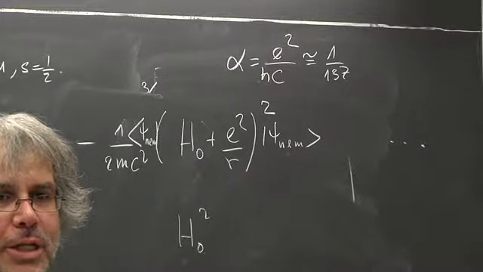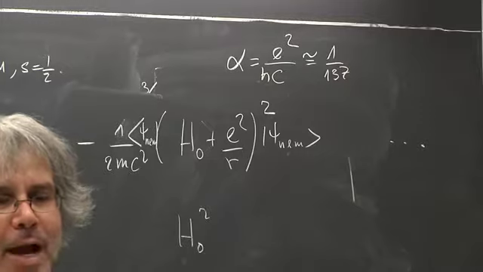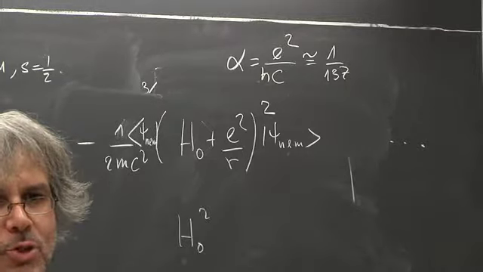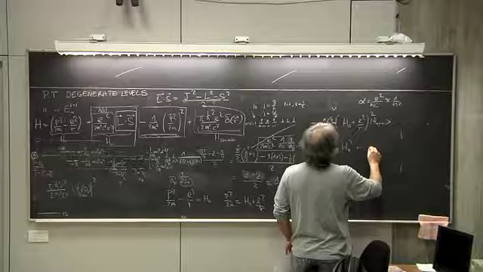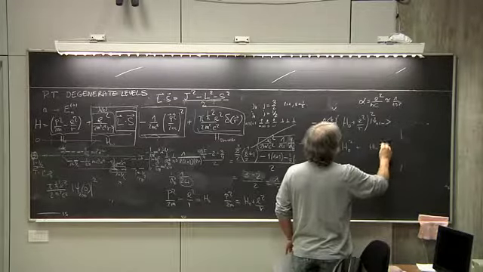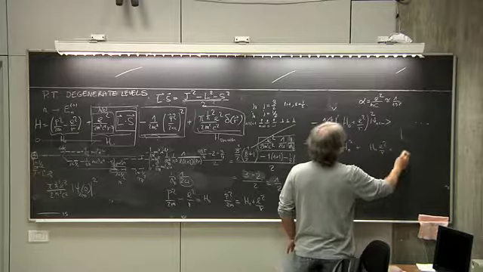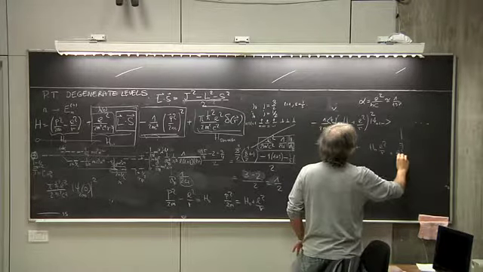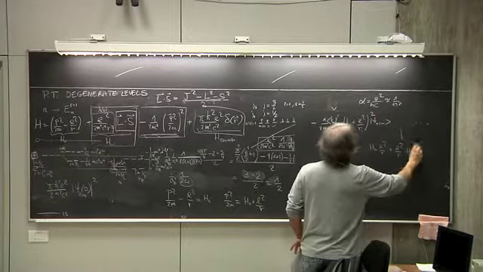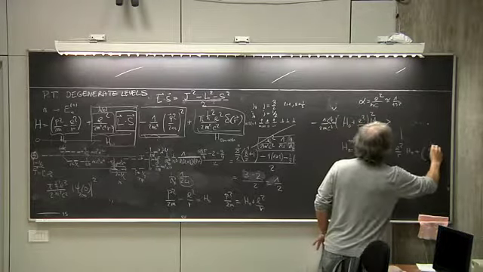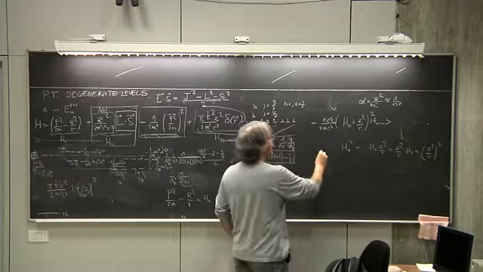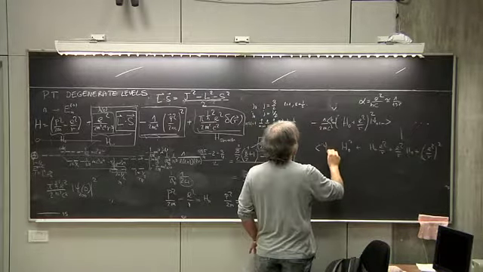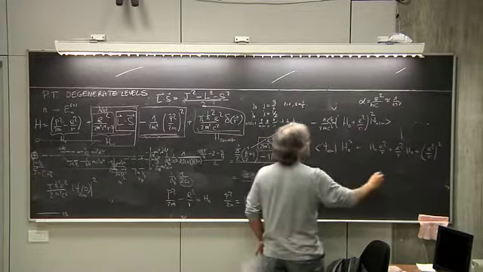You know the energy. H0 squared is diagonal with the energy squared. So this is simple. Then there is a term that is H0 e squared over r plus e squared over r H0 plus e squared over r squared. So how do you take the matrix element of this?